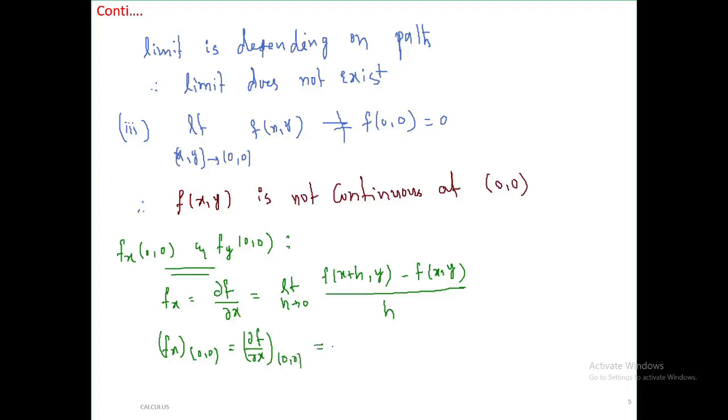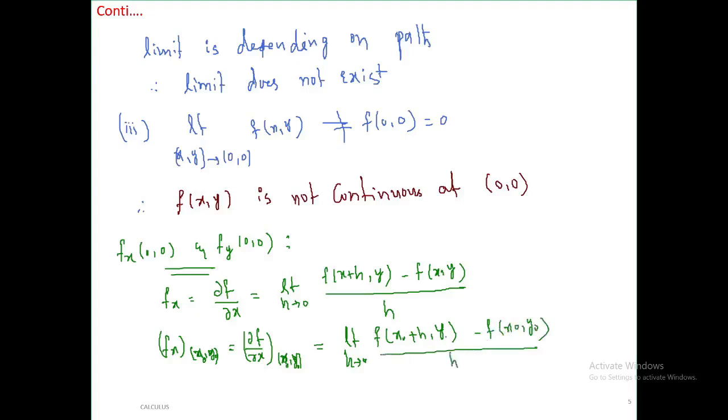So limit h tends to 0. Let me write the formula first with x naught y naught: f of x naught plus h comma y minus f of x naught y naught, divided by h.